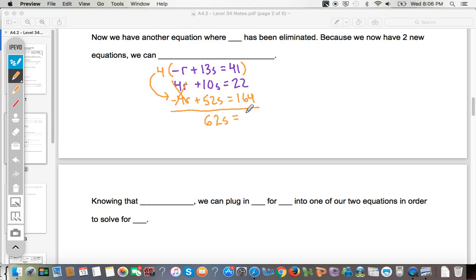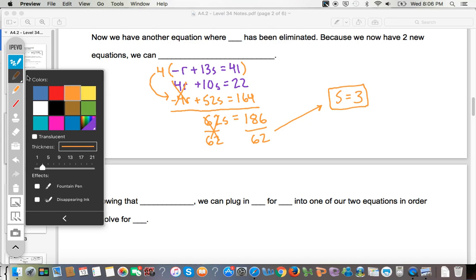And 22 plus 164 would be 186. So if I divide 62 from both sides to get s by itself, we can see that s equals 3. Great, awesome. So let me switch back to purple here.